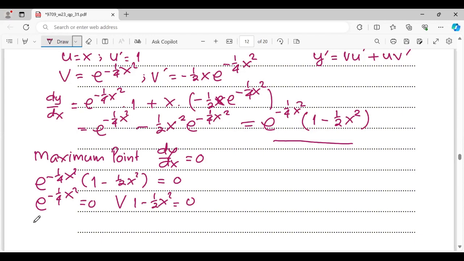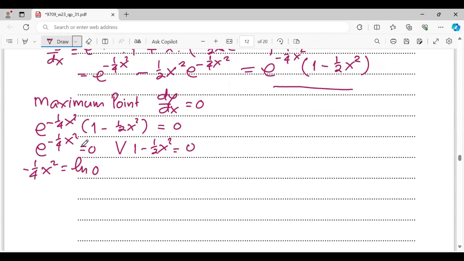The first becomes minus a quarter x squared equals ln 0, so there is no solution for this part. Now this one becomes half x squared equals 1, so x squared equals 2, and x equals square root 2.